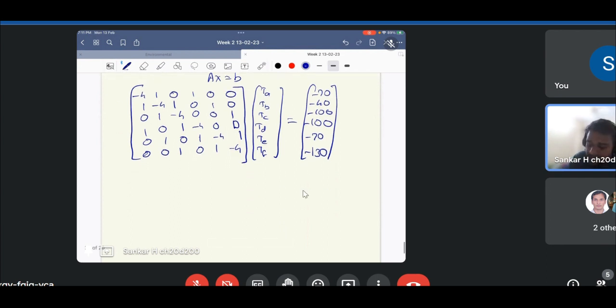We need to solve this using the Gauss-Seidel method.